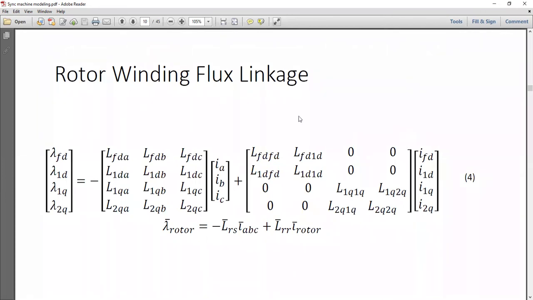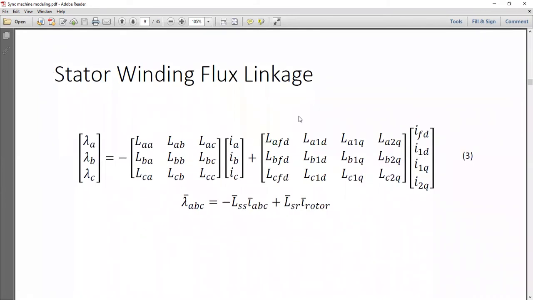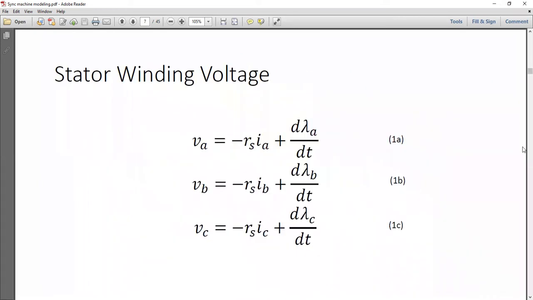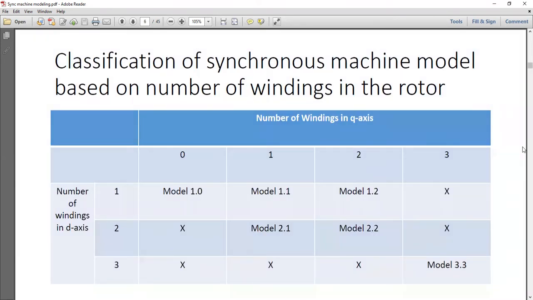Then we looked into the flux linkage equations, because we are going for the 2.2 model. Besides the stator coils, there will be 4 coils: 1 field winding along the D axis, 1 damper winding along the D axis, and 2 damper windings along the Q axis.